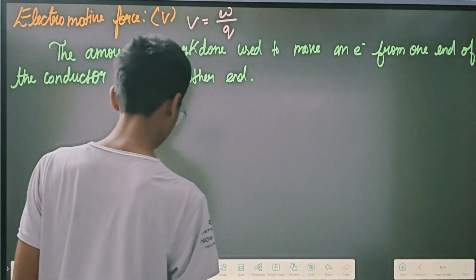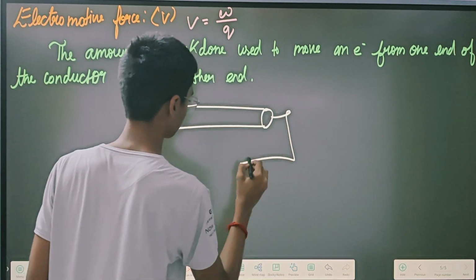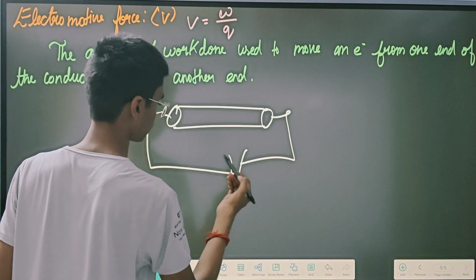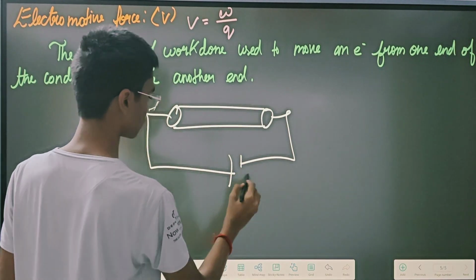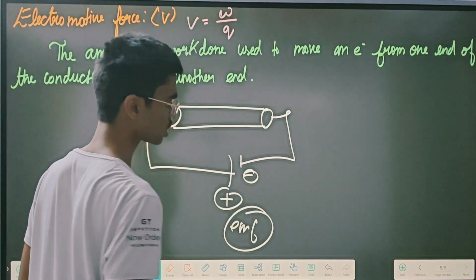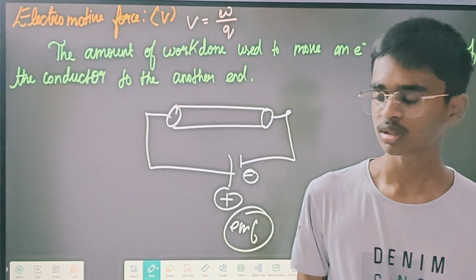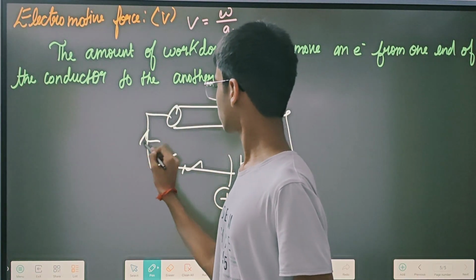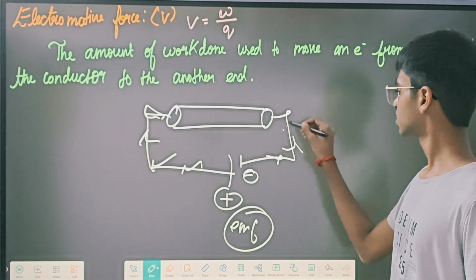I will explain this with a diagram. This is a conductor. This is a battery. This is the negative charges, this is the positive charges. Okay, so we are going to take conventional current mainly because that is what is in our portion. The electrons are going to travel like this, right?